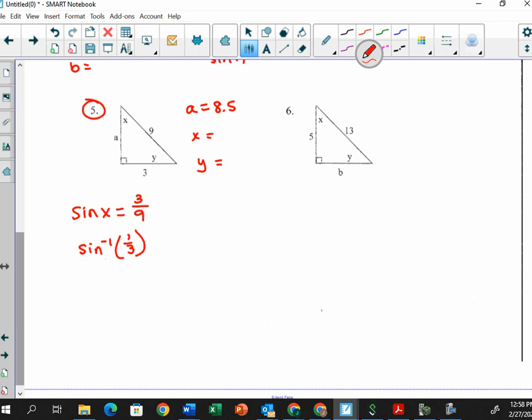So, did you get 19.5 degrees for x? Yep. Okay. Yep, 70.5 for your y. Sure. So b was 12.